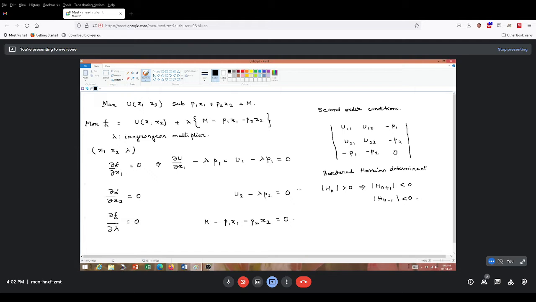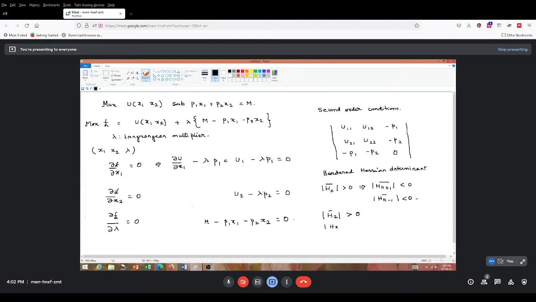In case of a two variable bordered Hessian, this is supposed to be positive.